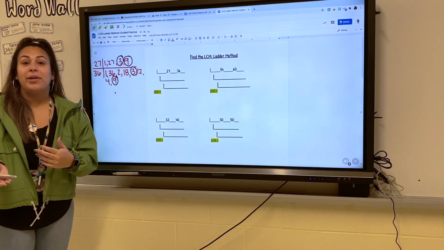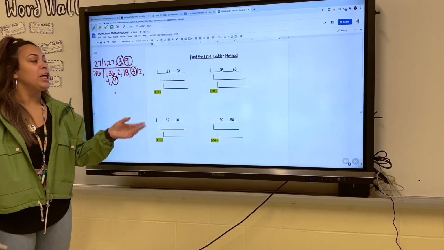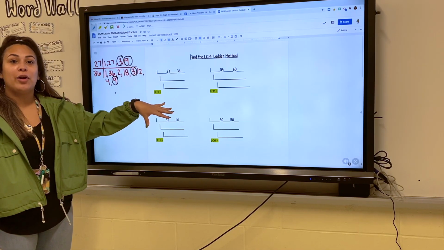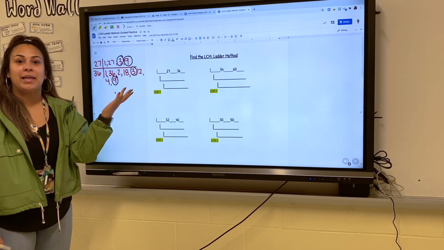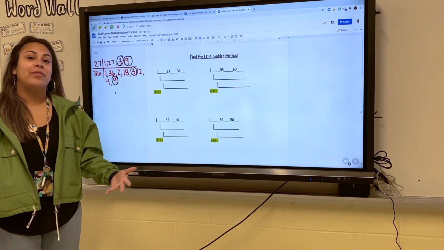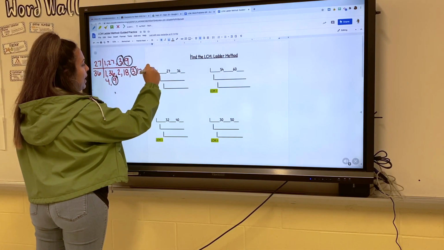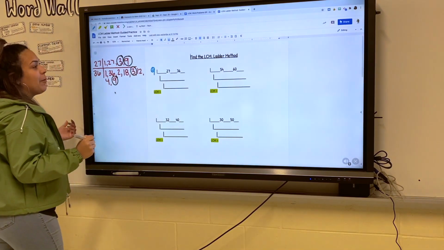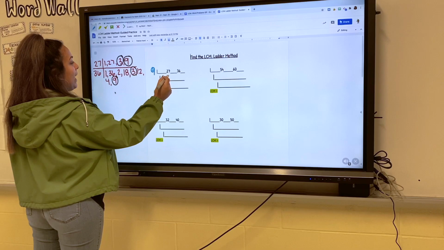So you've probably already realized it's better to just start with the largest common factor, so we don't have to do a lot of work in the ladder rung. I'm going to put 9 on the outside because that is the largest factor that they have in common, so we'll have less work to do. Then remember, I need to divide both numbers on the inside by 9.